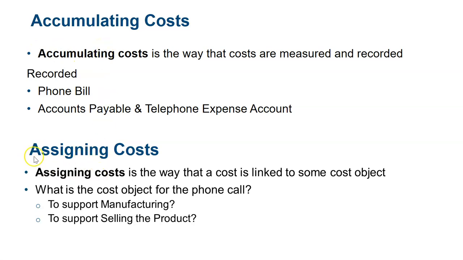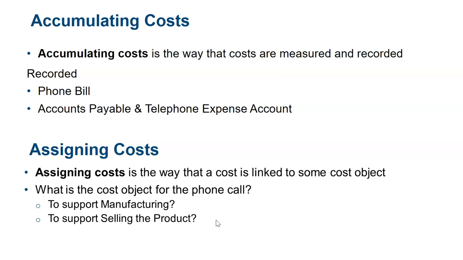However, from there we have to assign those costs. In other words, why did we incur this cost? And I really like these two questions here. It says to support manufacturing, to support selling the product.